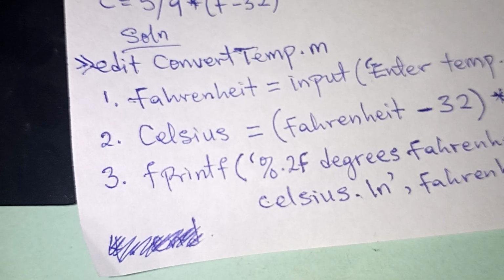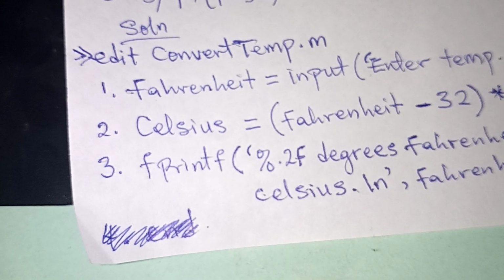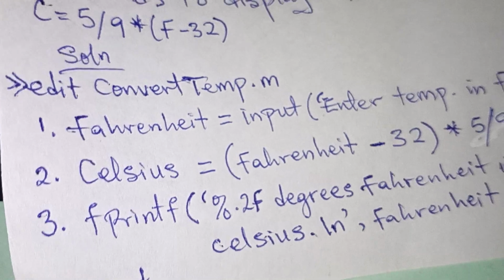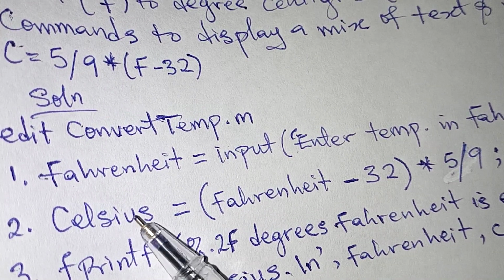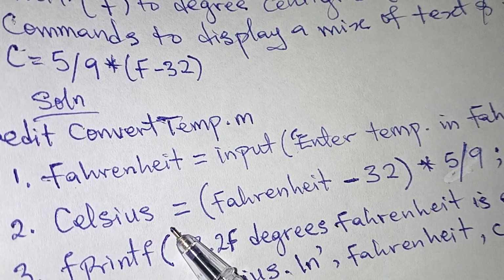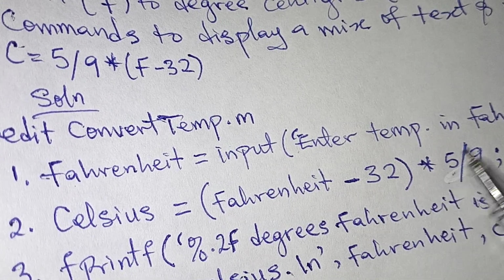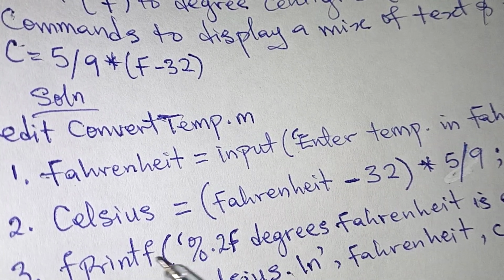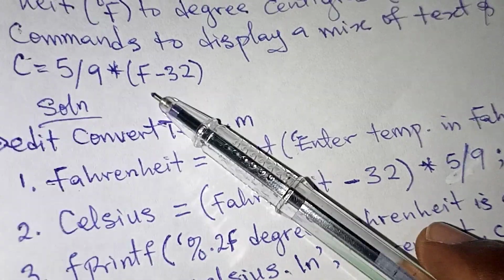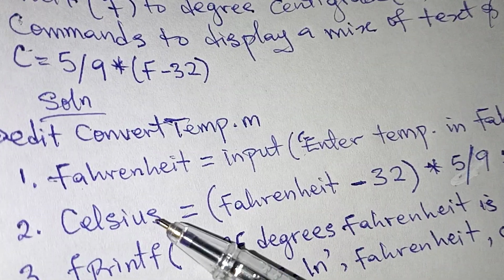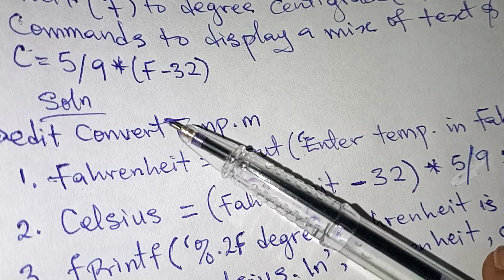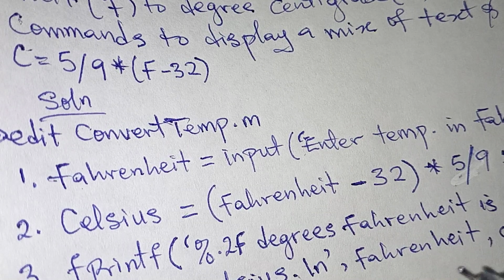All right. So the next thing is to instruct it that this is the formula we want to use to calculate Celsius. This is Fahrenheit minus 32 times 5/9. This is the formula that was given in the question here. So you can represent it as C. You can use Fahrenheit as F if you wish to.